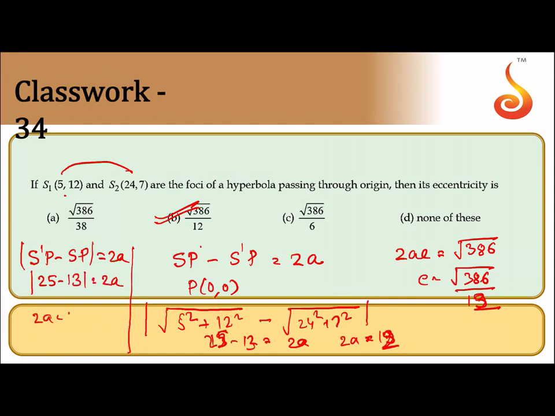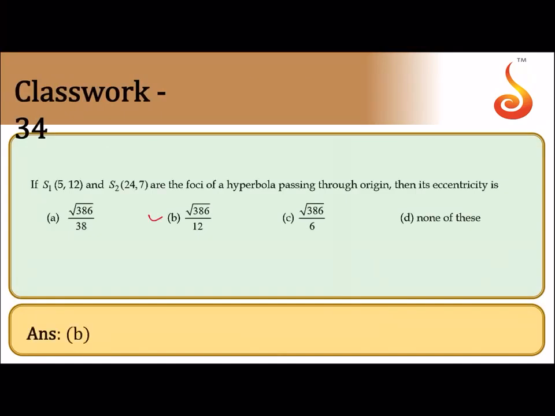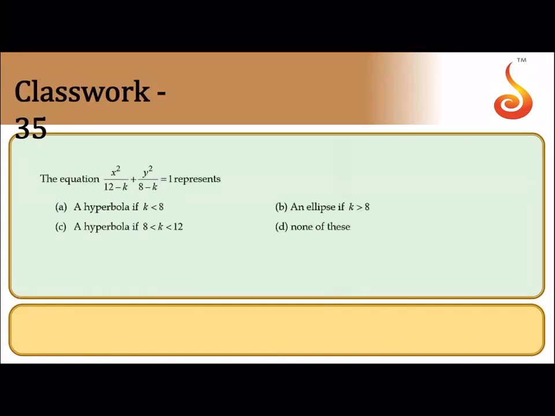So this distance will give you 25 minus 13 is equal to 2a. So 2a is equal to 12. Now the distance between the foci, root 386, the distance between S1 and S2, divided by 12. Option B is correct.